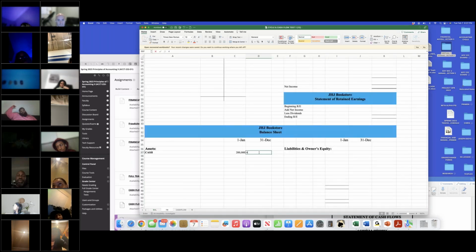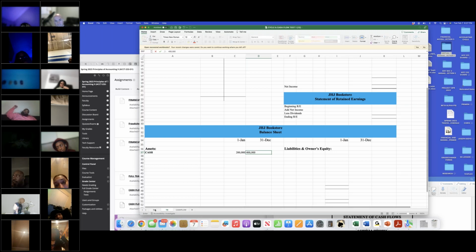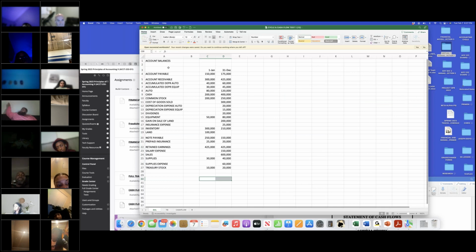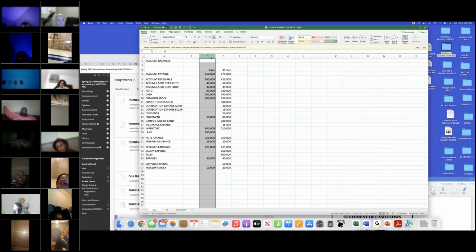Anything in the beginning balances are permanent accounts. So everything here goes on the balance sheet. You don't have to do anything with these numbers, but put them in the right locations on the balance sheet. They're permanent accounts. You will use those to come up with the beginning balance sheet.